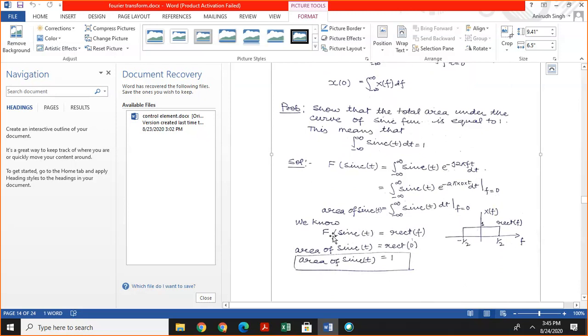We know that the Fourier transform of the sinc function is the rectangular function, sinc of t is equal to rect of f, and the area of the sinc function is given by rect of f when f is equal to 0. When f is equal to 0, the value of this rectangular function is 1. So we can say that the area of the sinc function is 1.